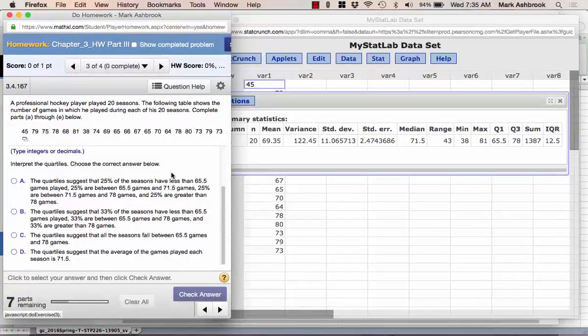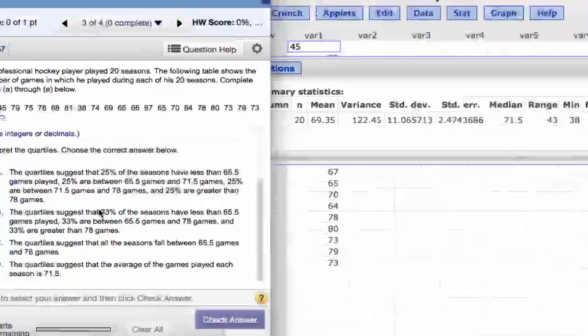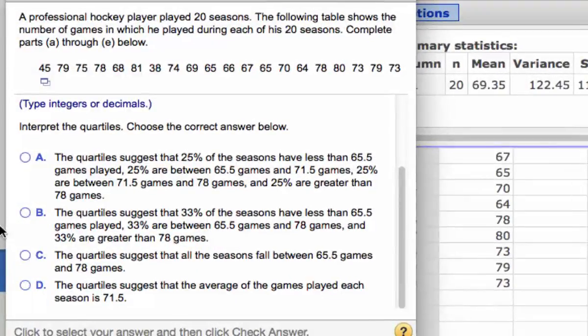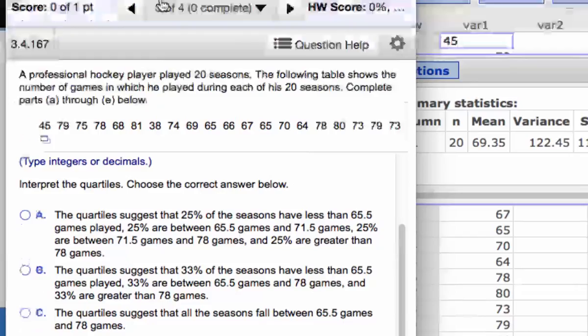All right, interpret the quartiles. Choose the correct answer. Let me zoom in on this. The quartiles suggest that 25% of the seasons have less than 65.5 games, 25% are in between, and 25% are greater than 78. Do we agree with that?